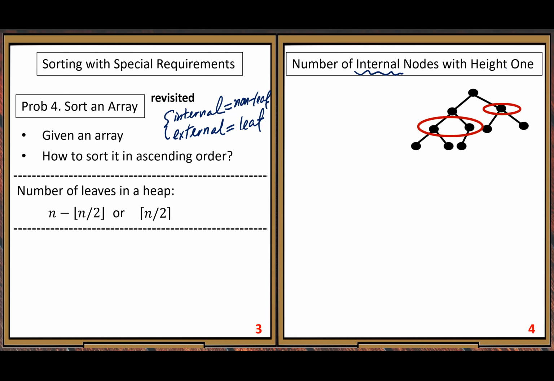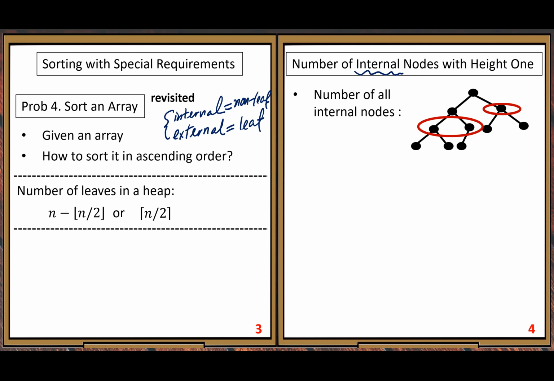But we need to develop a formula. So let us continue our similar development from the previous slide, the consideration is very close. But before we do that, first let's answer this question, because it's simple: the number of all internal nodes.